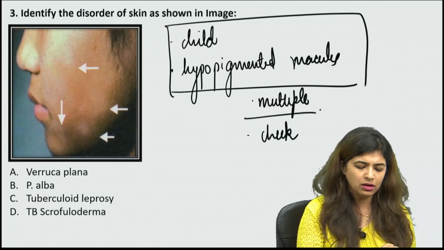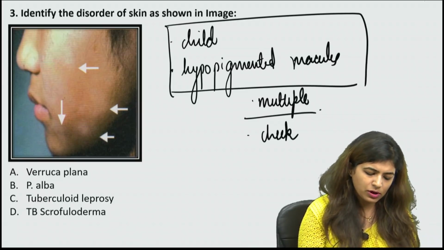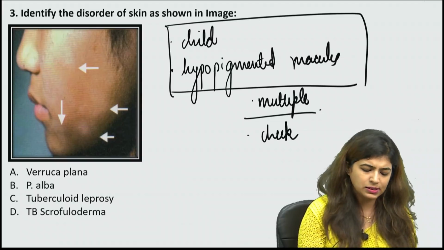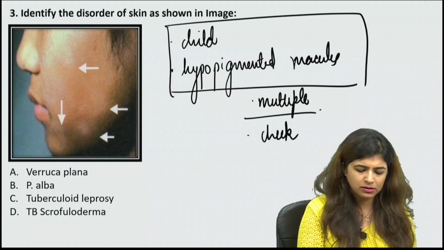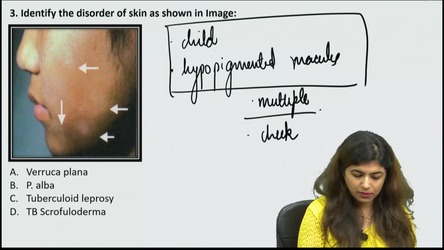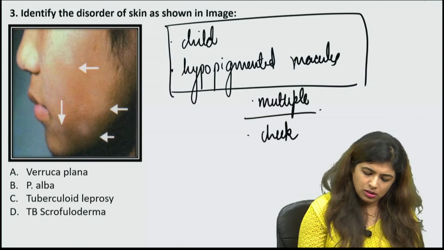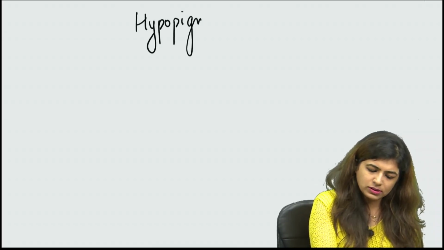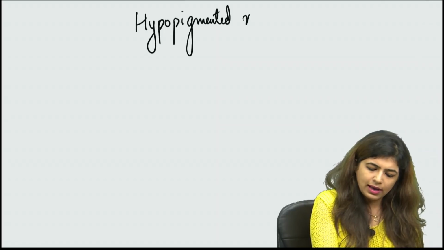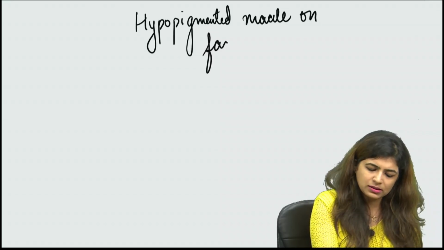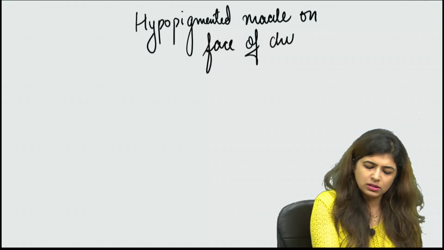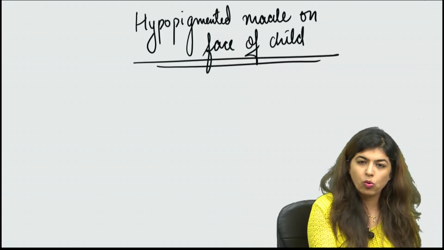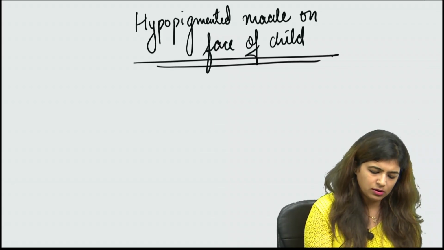Now let us look at the options. My options are verruca plana, P. alba, which is pityriasis alba, tuberculoid leprosy, and scrofuloderma. So now if I come to the differential diagnosis of a hypopigmented macule on the face of a child, what will be my options here?